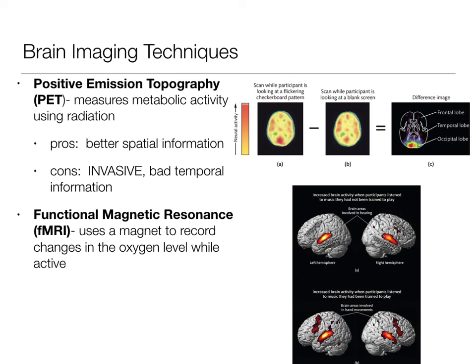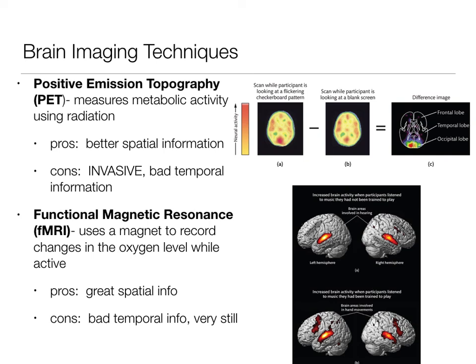It's using a magnet to record these changes in the brain. It's recording the oxygen levels, which again is a function of blood flow and activity. This one has gorgeous pictures, but it's got really bad temporal information.